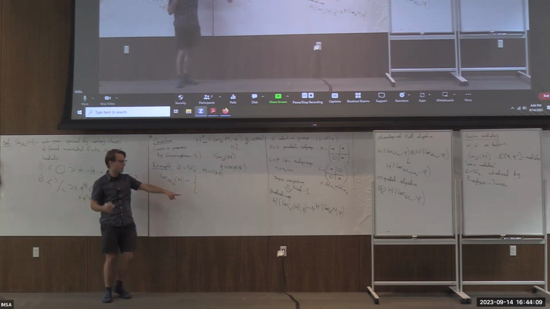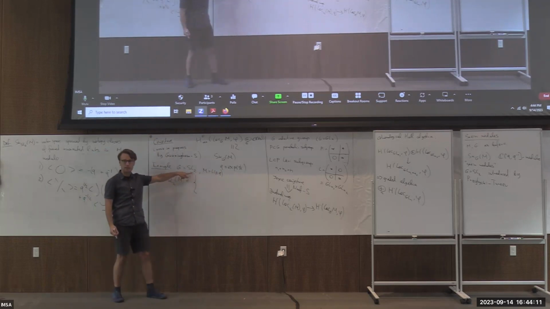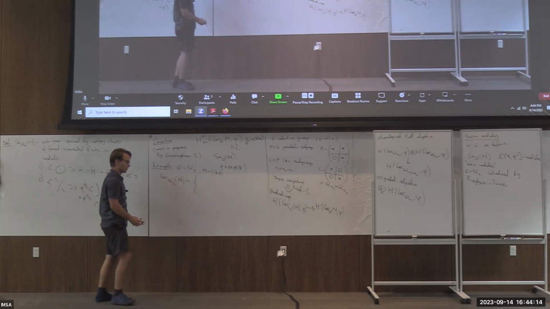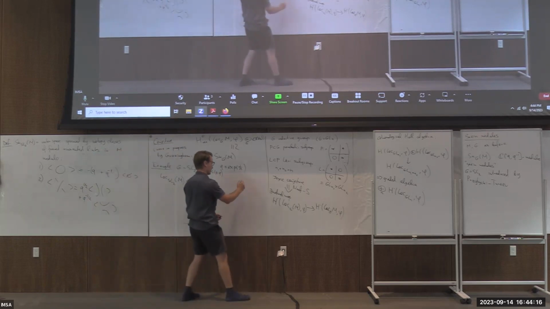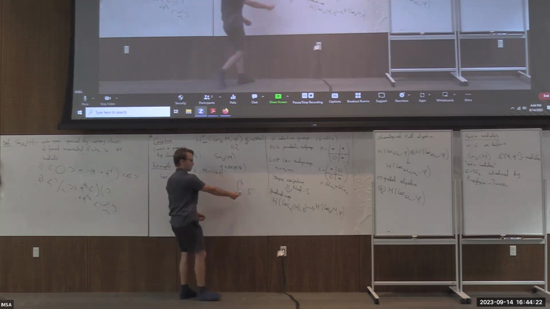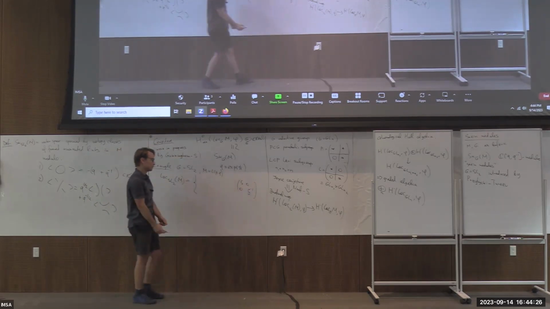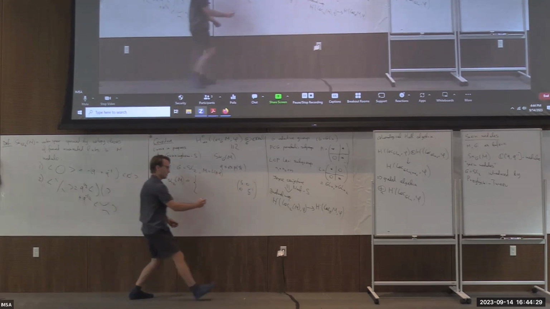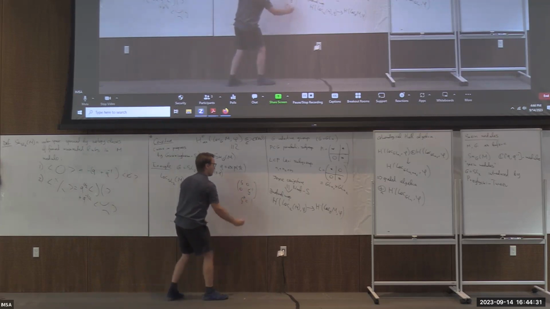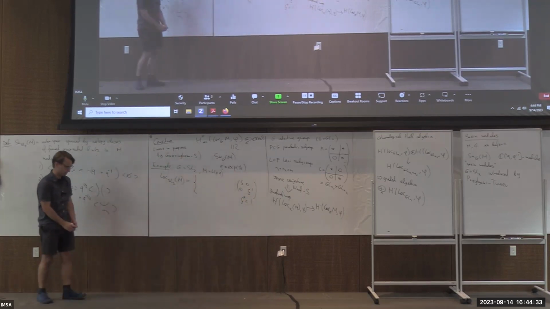Here you look at order p elements in SL2. So what do they look like? Well, they look like some root of unity, zeta. Because of the determinant condition, the other eigenvalue is going to be zeta inverse. So that's how these elements will look.